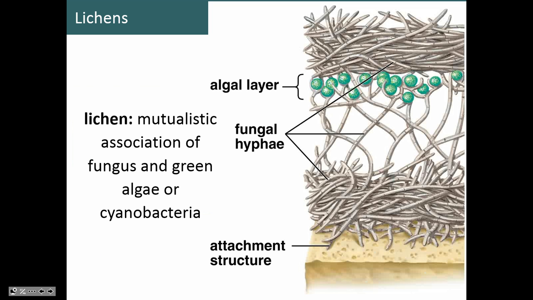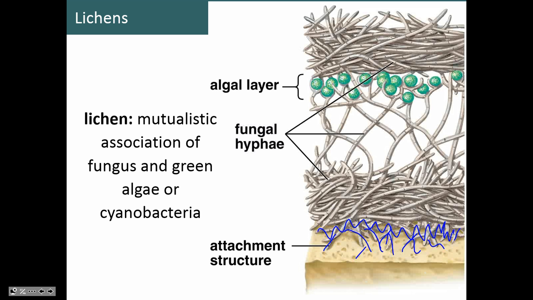And lichen is just an association of fungus and either green algae or cyanobacteria, or in some cases both. Okay. So in this particular diagram, we have the vegetative body, fungal hyphae, attaching through specialized hyphae to some sort of structure, leaf, a branch, a log, whatever it is it's attaching to.